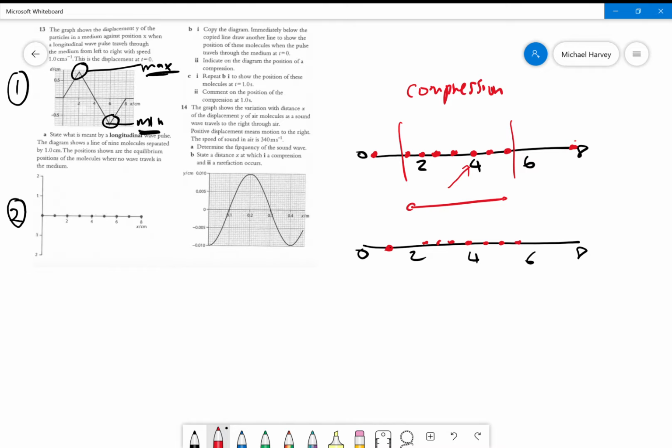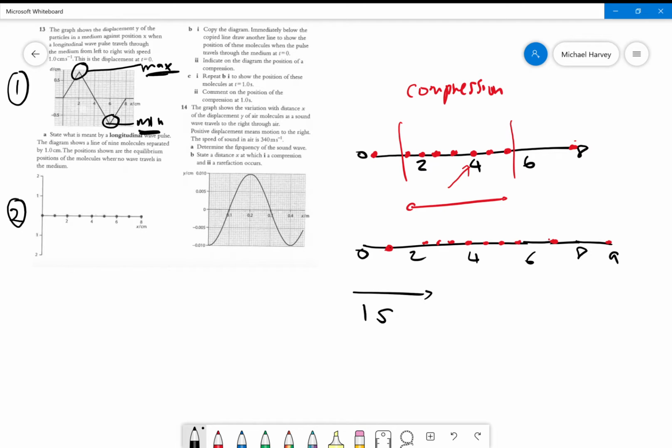And now a little bit on there. So now that's at 9 seconds, and we have that final one here. It's not quite there. Probably it's going to be about here. So the compression has moved along, and you can just see that the line has moved on by 1 second.